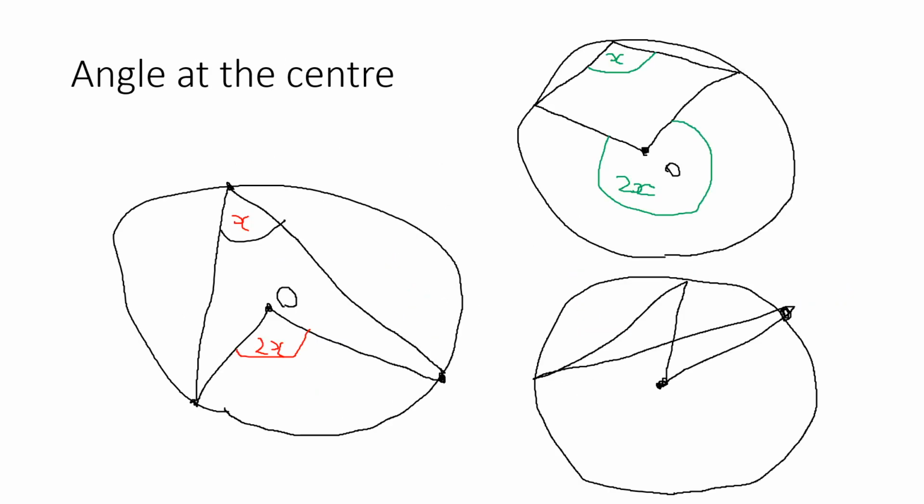Here we have an angle at the center. So therefore, this angle here, the one with the 2 radii, is 2x, okay? And the angle without the 2 radii, which is this one here, is going to be x.